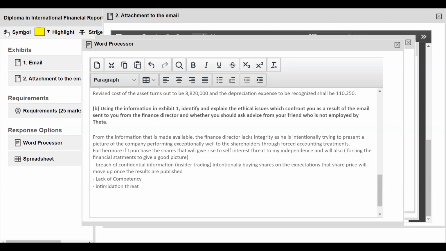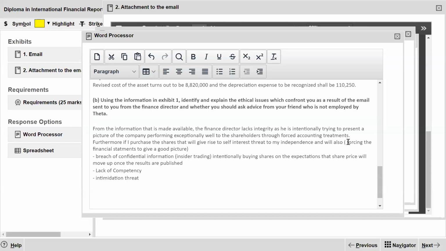So basically, let's just try to see this. What actually happens is that this will give rise to self-interest and will also lead to the breach of confidentiality if I use the information to my benefit.